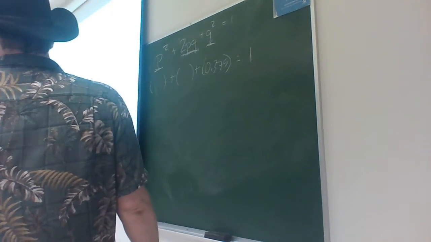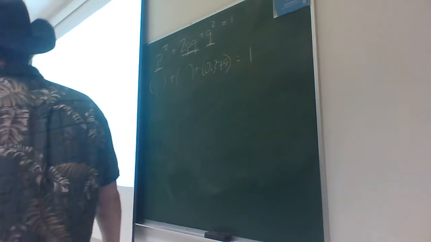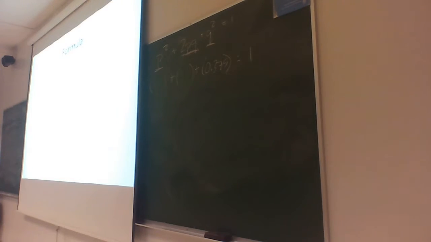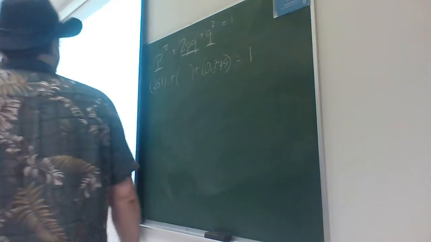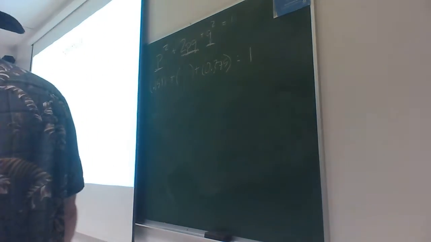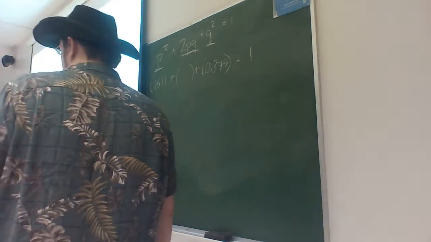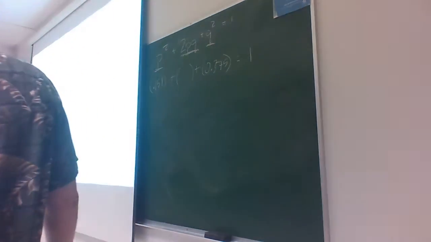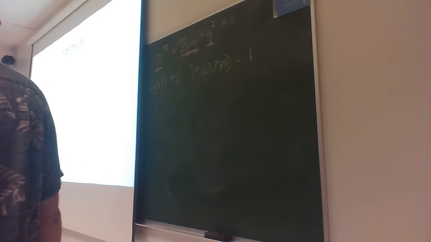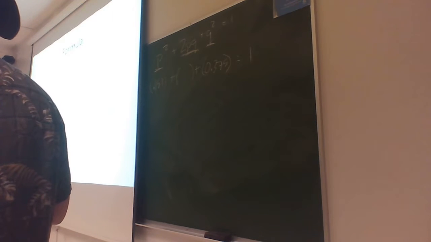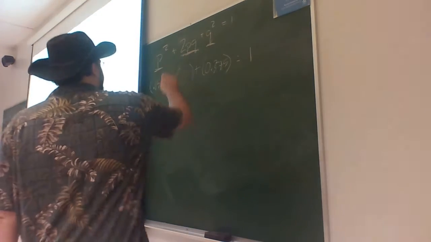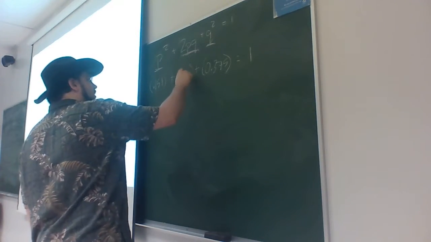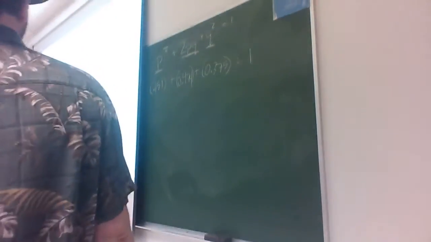Square of 0.388. 0.151? Okay. 0.151. 2 times P times Q. Anybody? 0.474. Okay. So there we go.